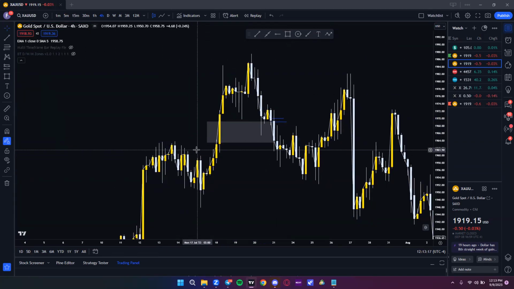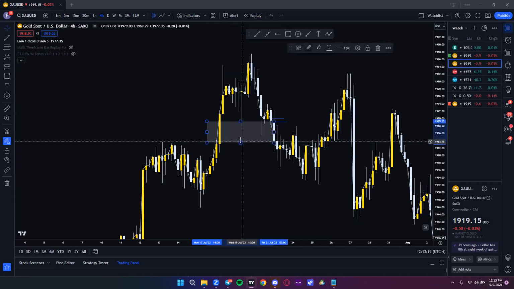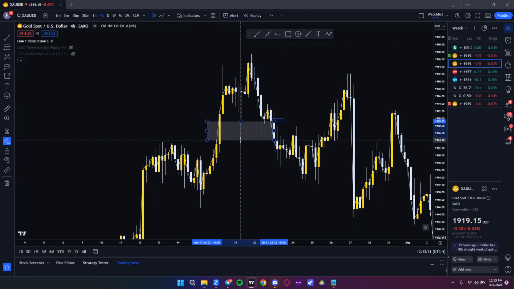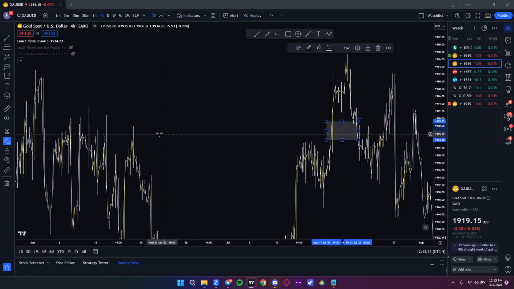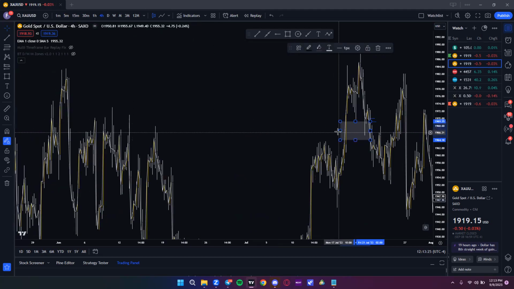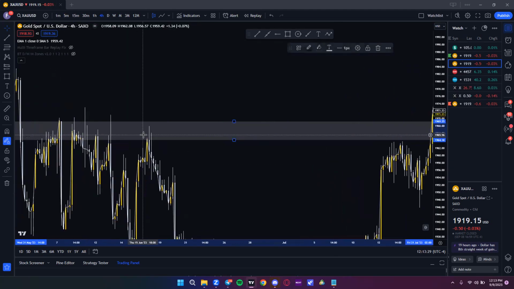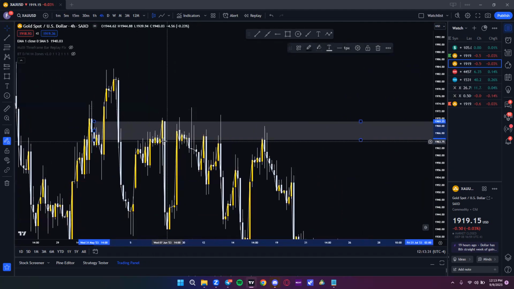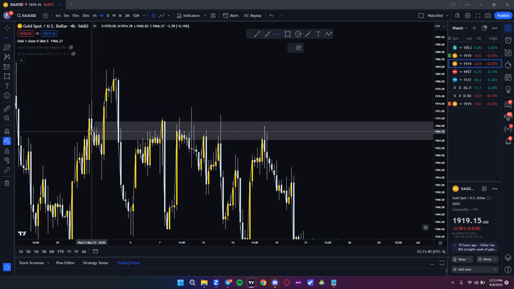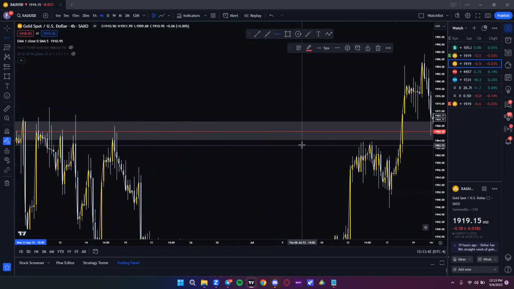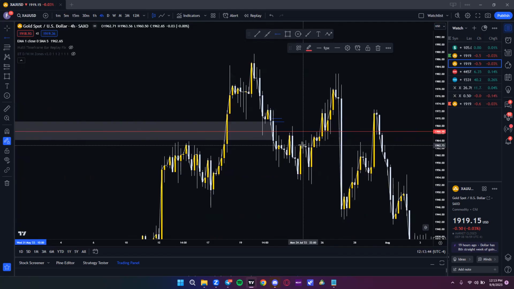I wish I could bring in multi-time frame, but I can't yet. Let's just say that it closed below this, and it actually did close below a key level right there.